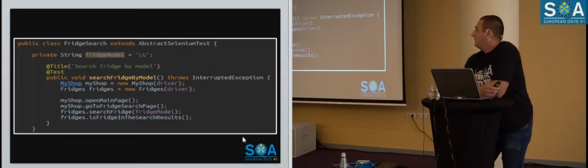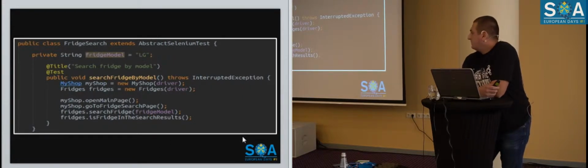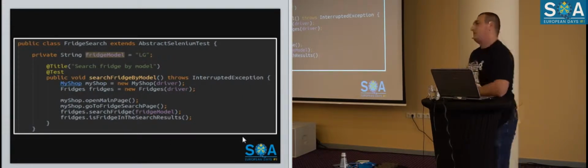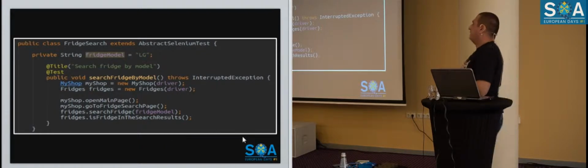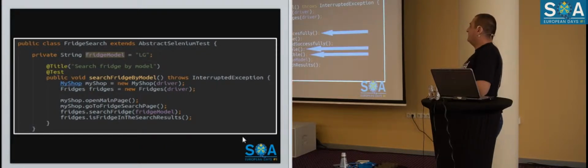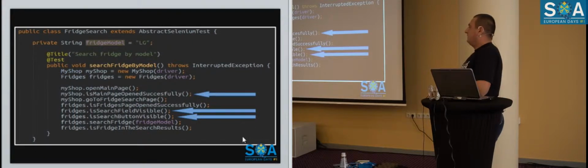Let's say you are testing an online shop, and you need to check a refrigerator. So you open up a page, you enter a fridge page, select LG, and check the hits. What I found is that sometimes there are checks of this kind.